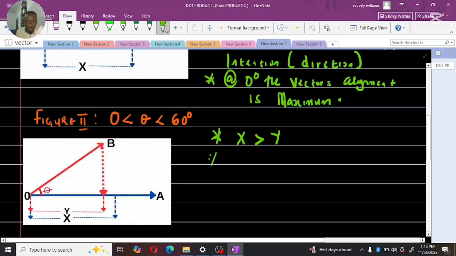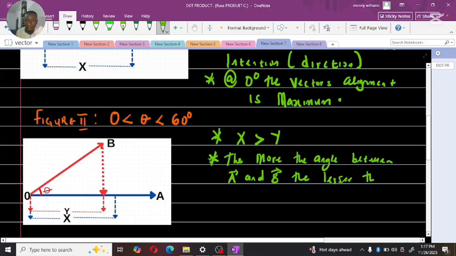Now, here we can deduce that the more the angle between vector A and B, the lesser their measure of alignment.